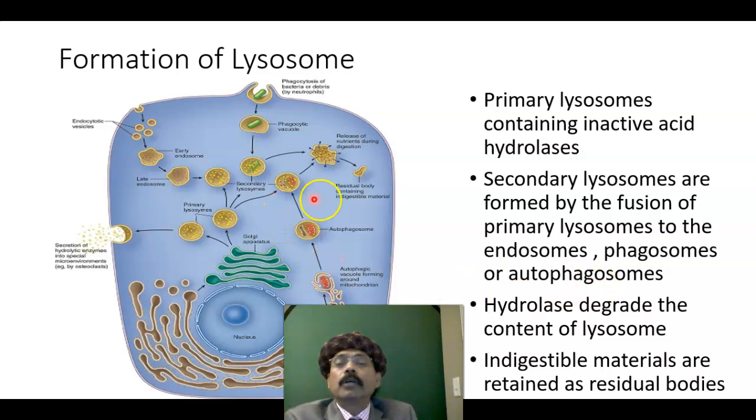Autophagosome means some component of the cell, suppose mitochondria, is covered by the membrane that is derived from the smooth endoplasmic reticulum, and that will be acted upon by the lysosome. Hydrolase degrades the content of the lysosome.